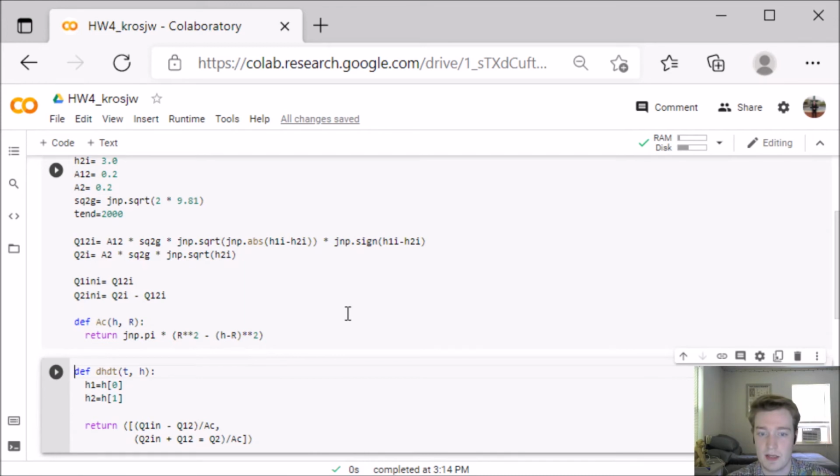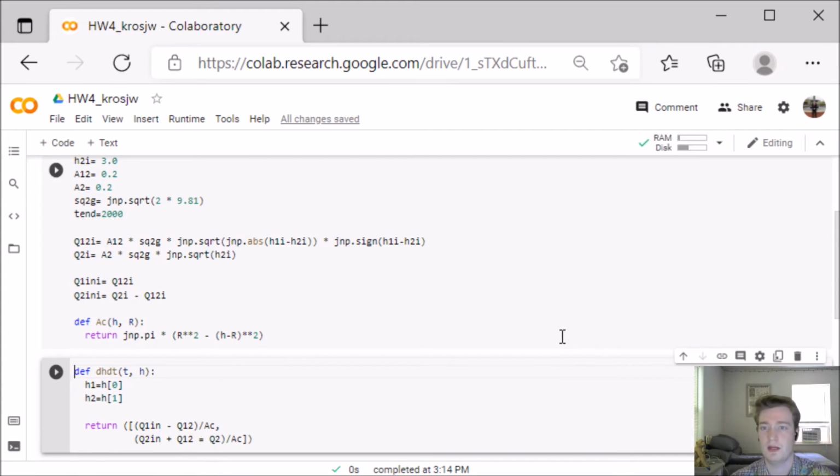What's next? We wanted to find, so we never took into account the time change or the flow rate change at t equals 100 and t equals 200. So that's what we need to do here in Python. And to simulate that, we're going to use something called a sigmoid function. I'm not going to get into the details of what a sigmoid function is.